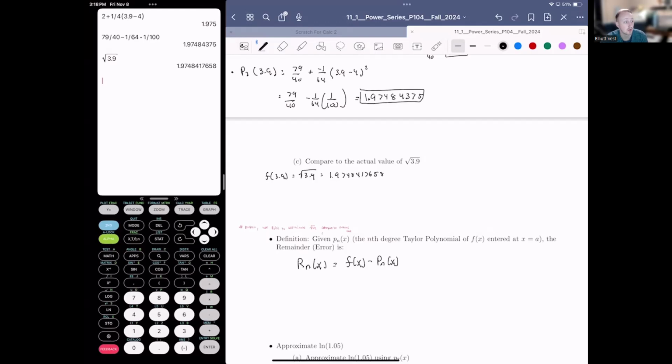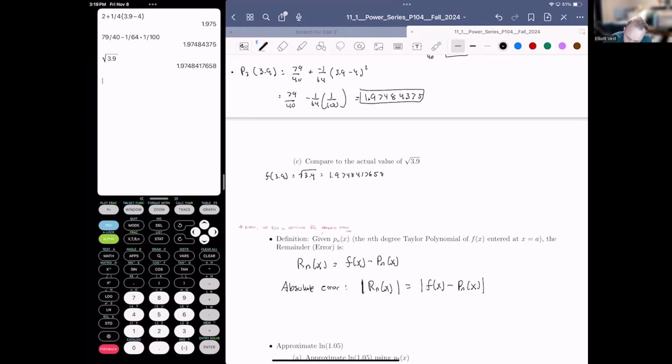Minus your Taylor polynomial here. And your absolute error is the absolute value of the actual answer minus the polynomial approximation answer here.